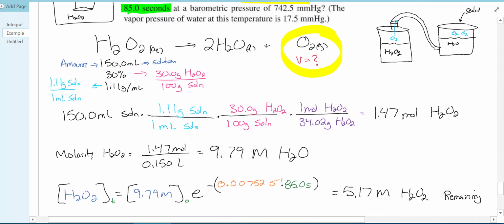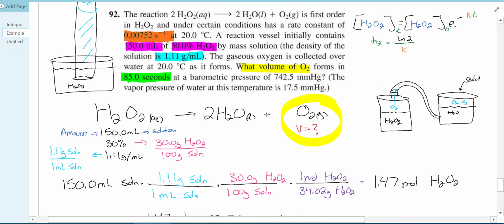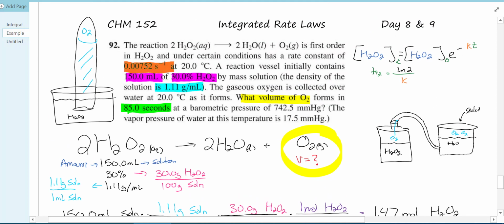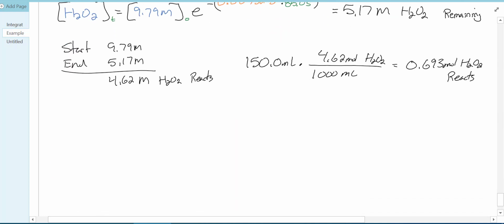All right, now we're going back to the stoichiometry. I have 0.693 moles of hydrogen peroxide. How much oxygen do I get? And actually, I didn't write this right because there's a 2 here. Almost messed up big time, right? So it's 2 to 1. So this is Chem 1 right here. I would take my 0.693 moles of H2O2.